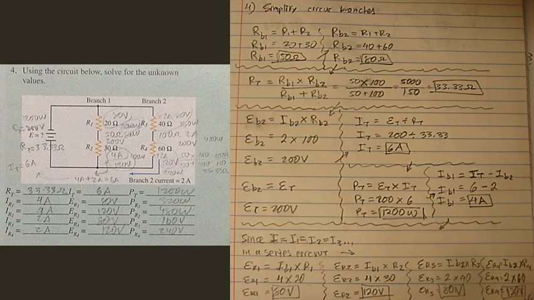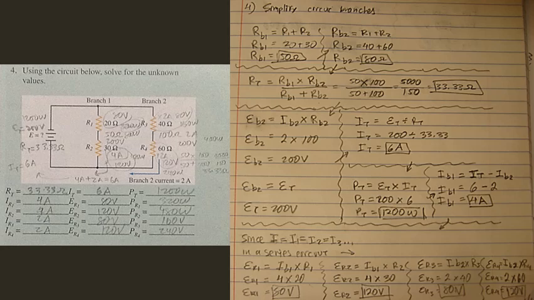And we can go further and say, since in a series circuit the current is equal at each resistance location as shown, then we can go ahead and find each resistor value with that current.